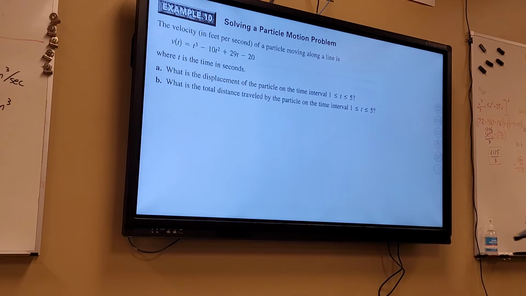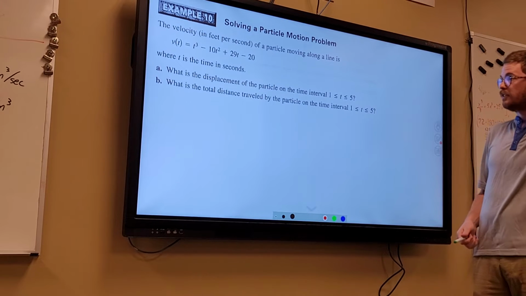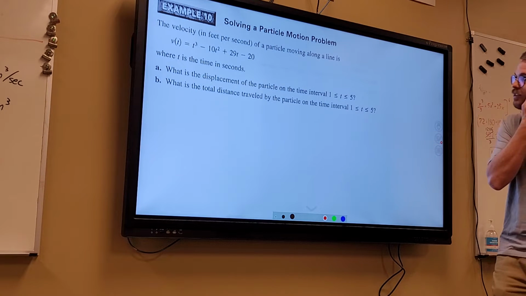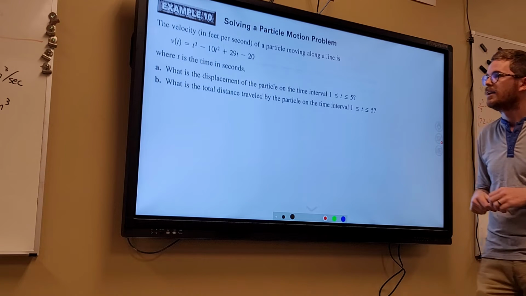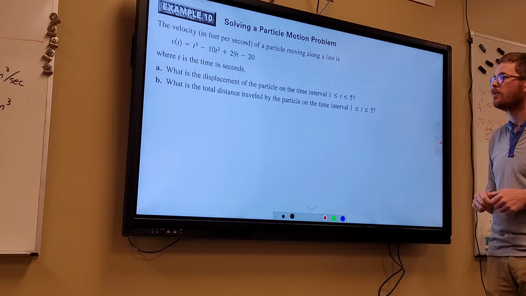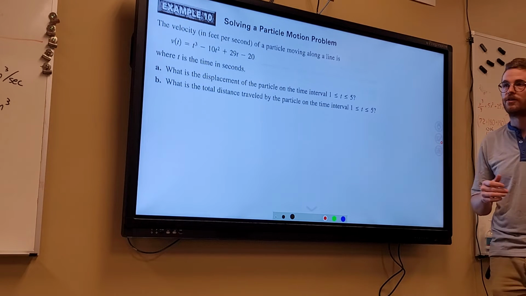All right, let's take a look at this one right here. So again, we have a velocity of a particle moving along the line given by this velocity, where of course time is in seconds, and we want to find the displacement of the particle on the interval from 1 to 5.